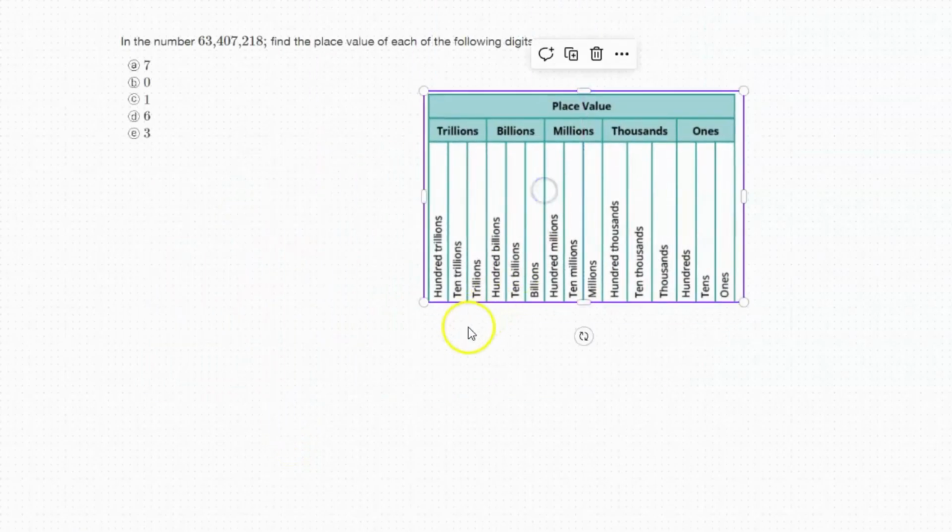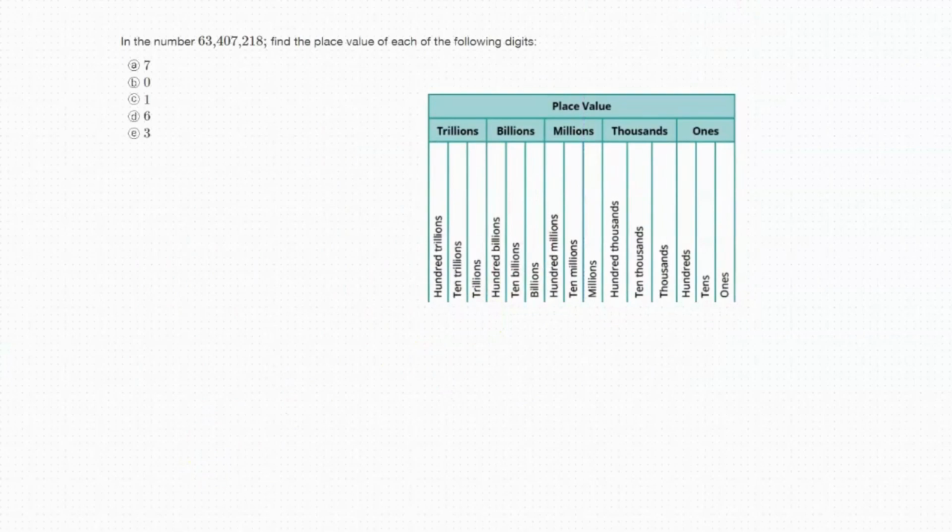Let's look at this example. The problem says in the number 63,407,218, find the place value of each of the following digits. So we have to identify the place value of each of the digits. Now how do you do that? First we'll write down the place value chart that we just saw earlier, and we'll write down this number starting from the right end.